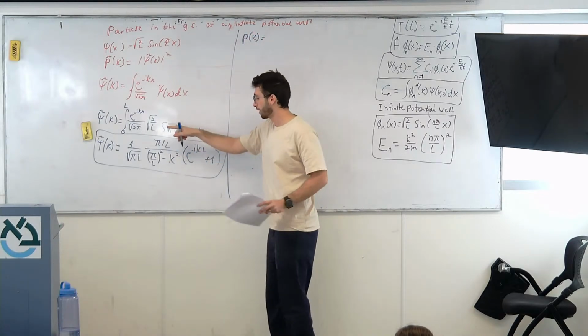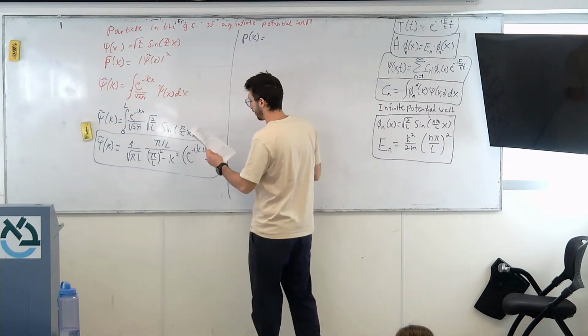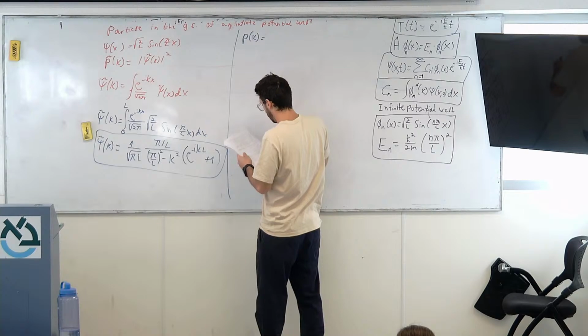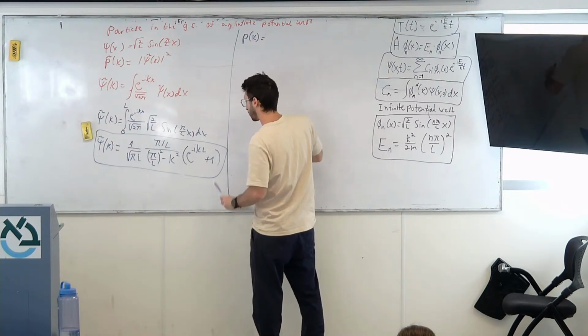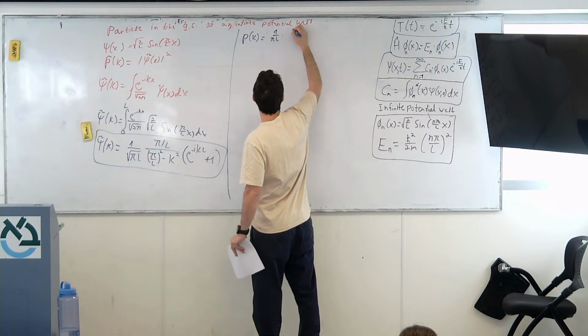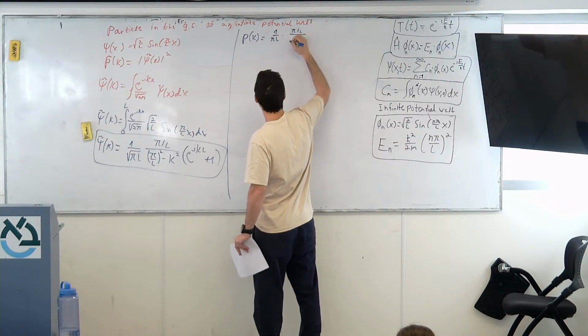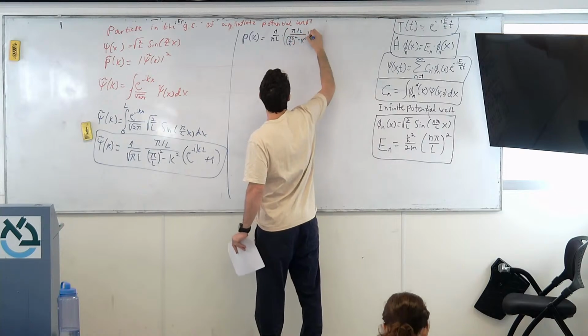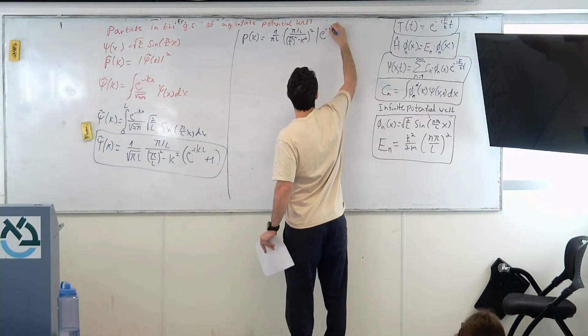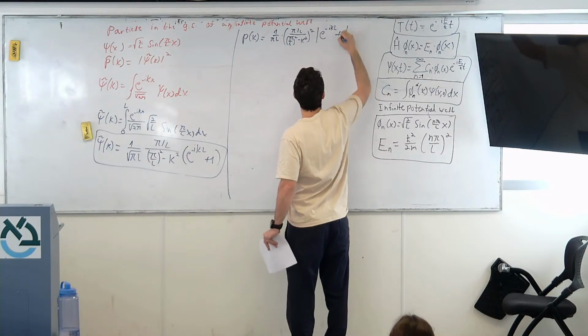The first part is very obvious, we just take the square of it. So we can write 1 over pi L times pi over L divided by pi over L squared minus k squared, and then we have the absolute value of e to the minus i k L plus 1.